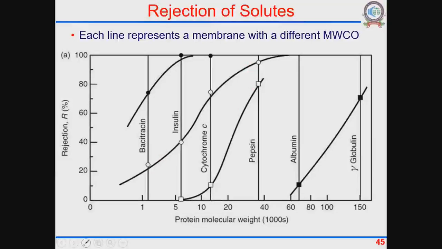So a molecular weight which gives almost 100% rejection, we call the molecular weight cutoff for this particular membrane. If I take another membrane, it has a different molecular weight cutoff. So you can see that different membranes have different molecular weight cutoff, and we can measure experimentally the molecular weight cutoff of the membranes by trying to pass different solutes through the membrane.